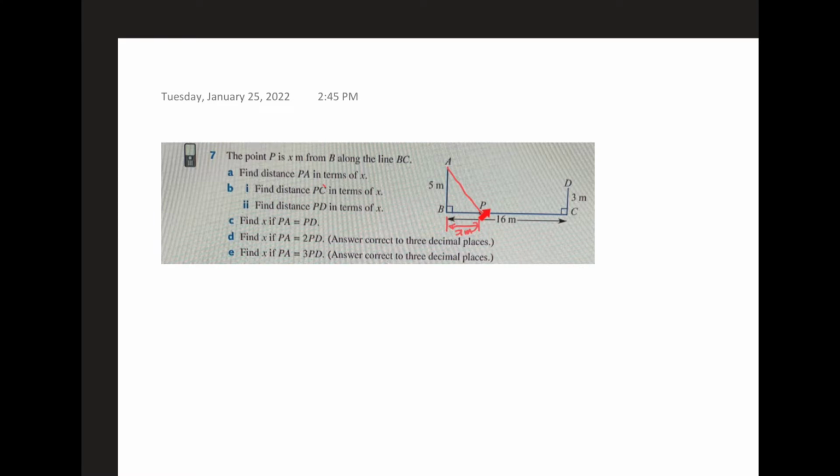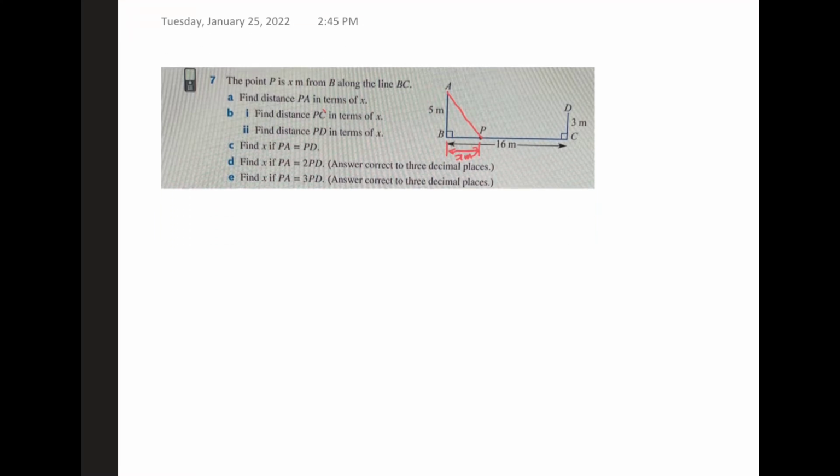We have 5, we have x, then we have PA. The Pythagoras Theorem is going to be PA squared equal to AB squared plus BP squared. So AB squared is 5 squared, and BP squared is going to be x squared.